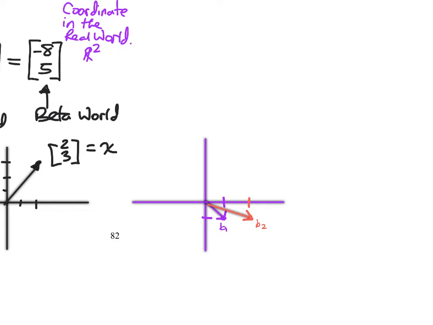But that's the theoretical component of it, right? So what we're going to do here is think in terms of B1 and B2 as opposed to I and J. So instead of saying I have a coordinate 2, 3, that's 2 over 3 up, I now have a coordinate negative 8, 5.